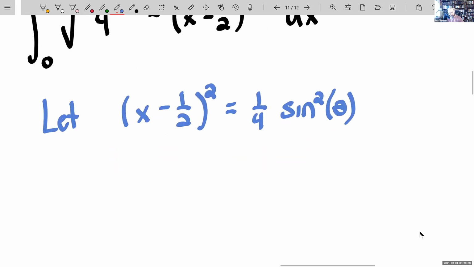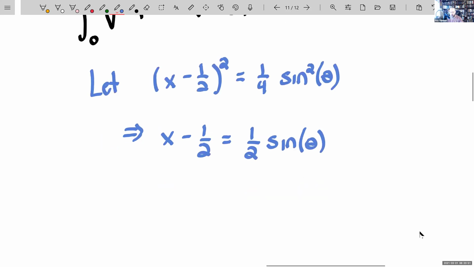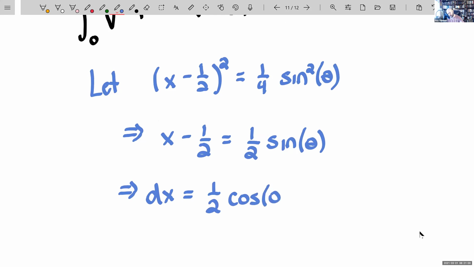Take the square root of both sides so you can figure out what the initial sub really was. And then you can find the differential of both sides here. dx will equal 1/2 cosine of theta d theta.